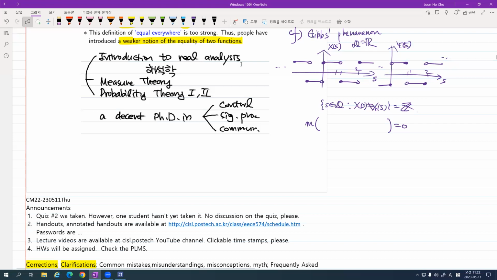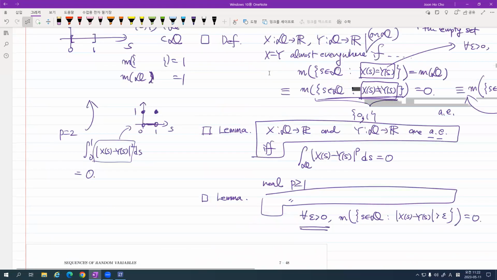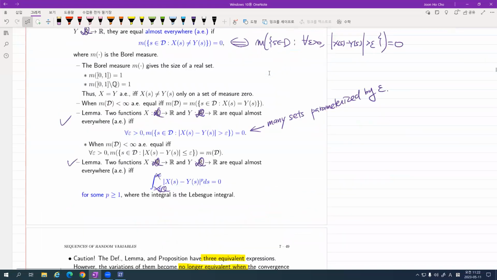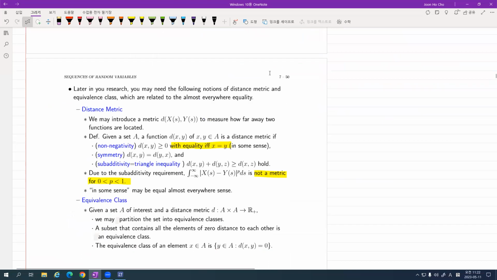Now, in order to precisely discuss the convergence of a sequence of real functions, we introduce several definitions. Before we do that, we need the notion of a metric space, and the metric space requires some definition of a distance metric.